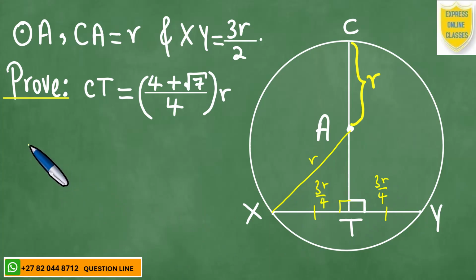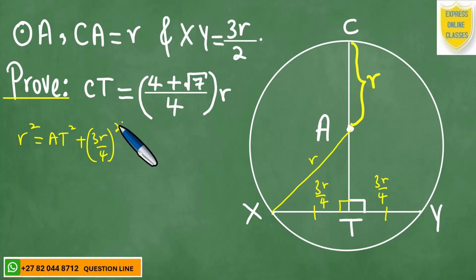Because of this, we can decide to work in this particular triangle. We have that r squared is equal to AT squared plus 3r out of 4 squared. The reason for this is Pythagoras theorem.